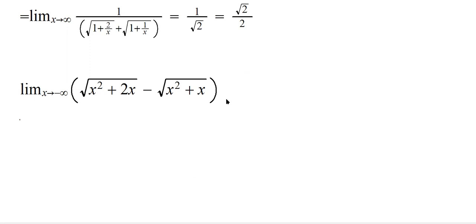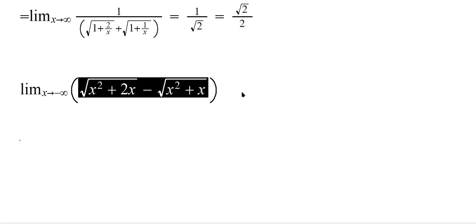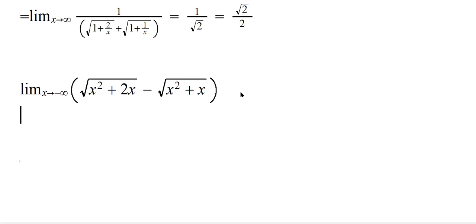Now let's look at a different situation in the context of the same expression, that this time instead of x going to infinity, we are letting x go to negative infinity. So what will happen here is, if we look at the two quantities like this one, you can factor an x out. So it's x times x plus 2, and both of them are going to negative infinity, so the product will go to infinity.